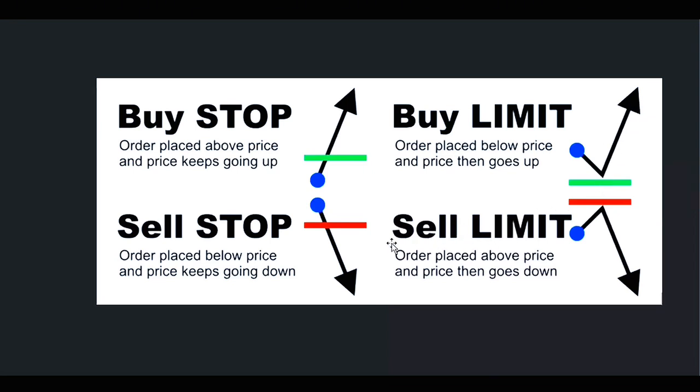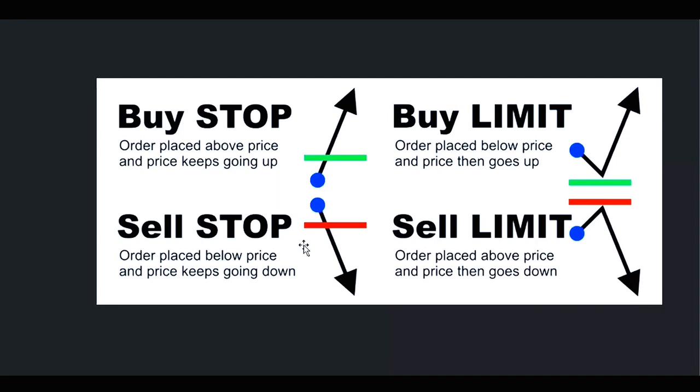And sell limit is the opposite of it. When the market is in an uptrend, but after your analysis you believe that when the market reaches a particular point, it is going to react, reverse and go downwards, all you have to do is set a sell limit order, giving you the opportunity that when the market trades up to this particular red line, it will pick you up and continue downwards in your direction.